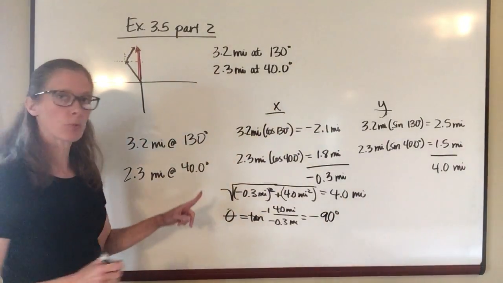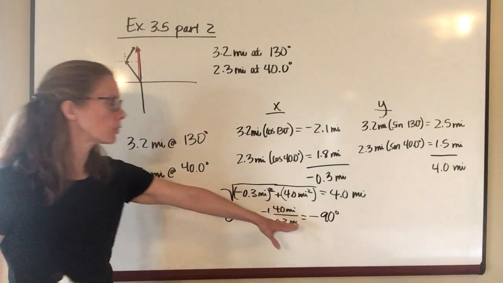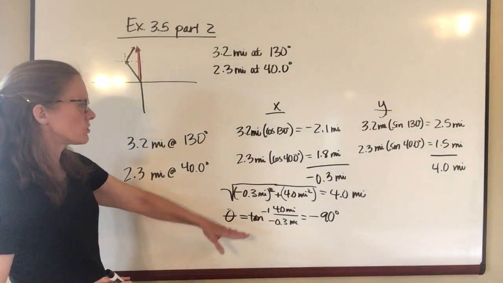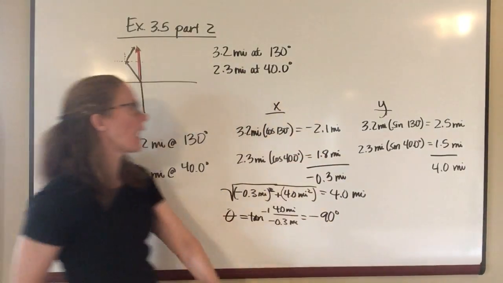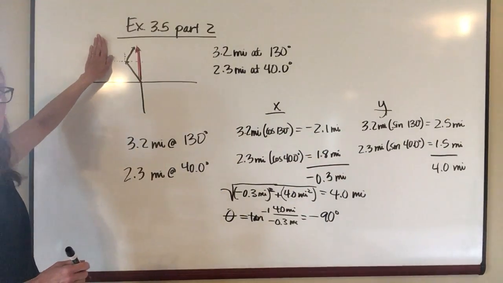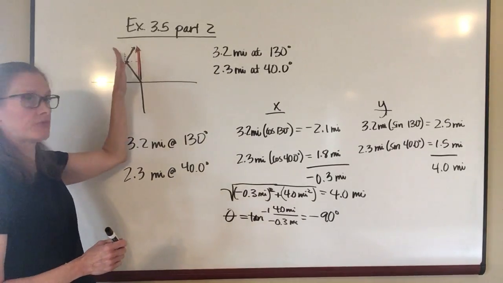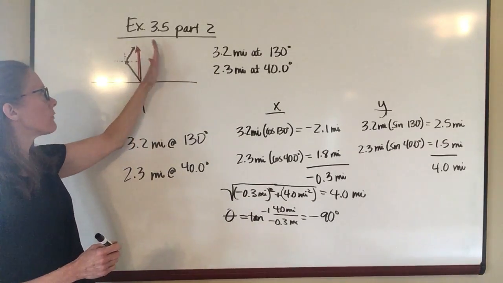Now, remember, we have to check the quadrant that this is in. If the x component is negative and the y component is positive, that means I'm over here in the second quadrant. I'm not there by much, but I'm still over that y-axis.